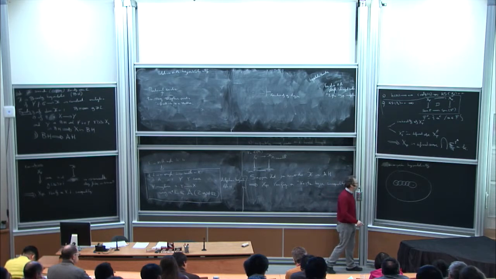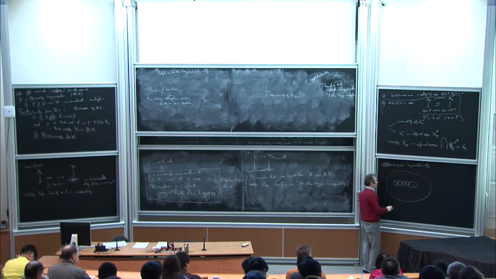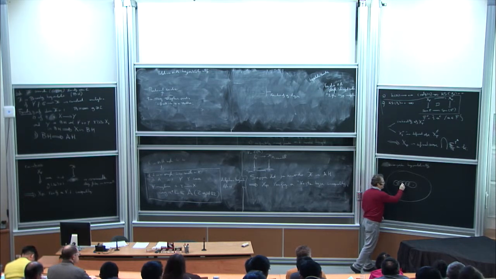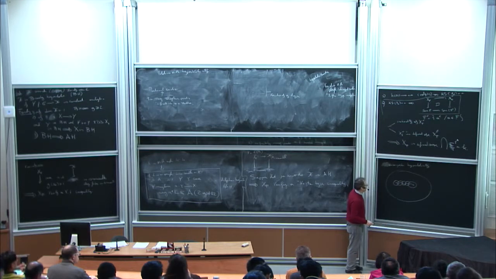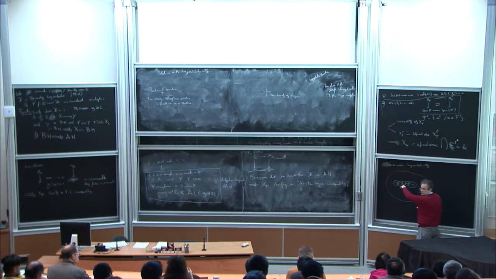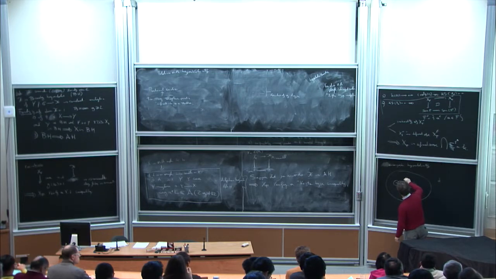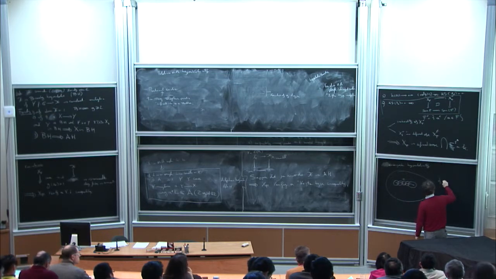And then you fix some points inside these disks, and you look at the hyperbolic distance from this point to this point, then from this point to this point, and so on, with respect to the hyperbolic metric on the disk. And then you call this number, for this sequence of disks C, d_C(x,y).